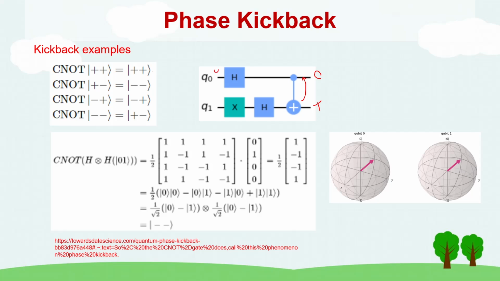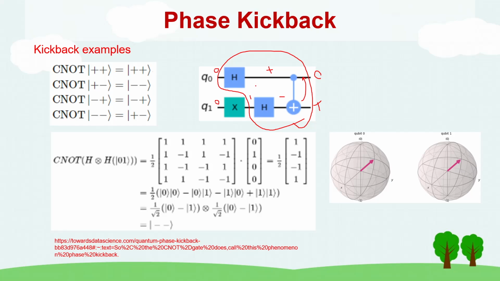Let's try to understand this circuit. We start with 0, and when you apply H, it will become the plus state. You start with 0, apply X, it will become 1, and this will become the minus state. Now let's put the mathematics behind that. We are going to combine into a single matrix, the tensor product of H and the controlled NOT.